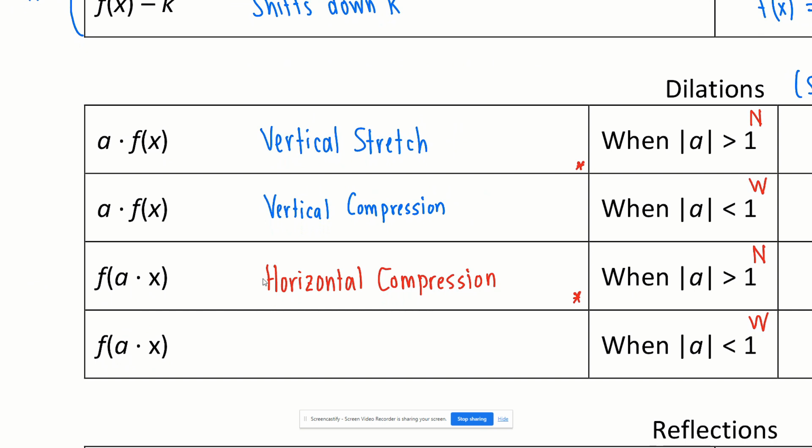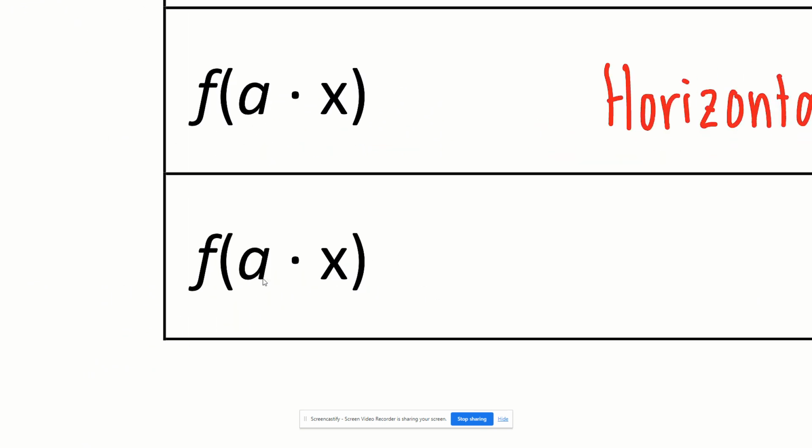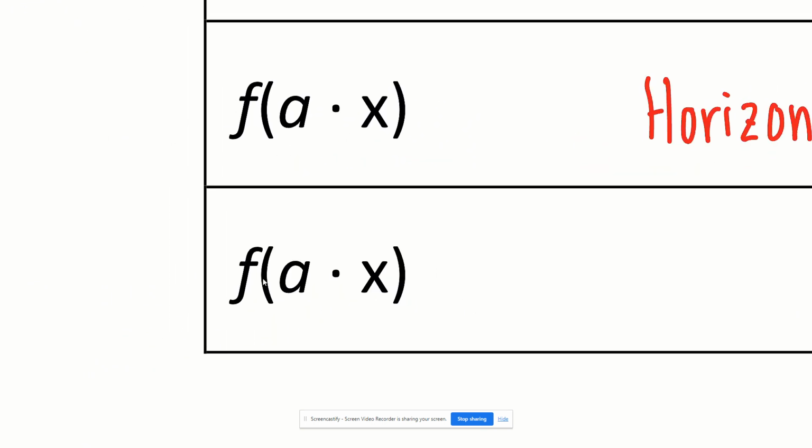Now, you picture that same thing I just showed you. If I'm multiplying by a value that's less than 1, it's got to make it more wide. Well, if I took this and I yanked it that way, and I yanked it this way, so I horizontally stretched it, it takes it and it flattens it out. That is called a horizontal stretch.